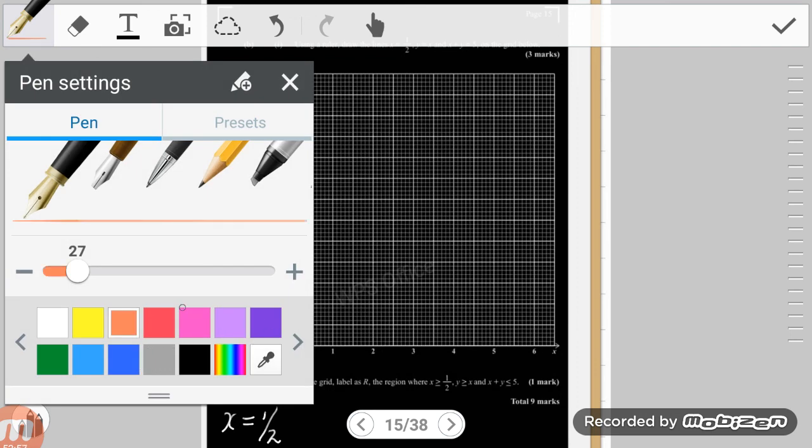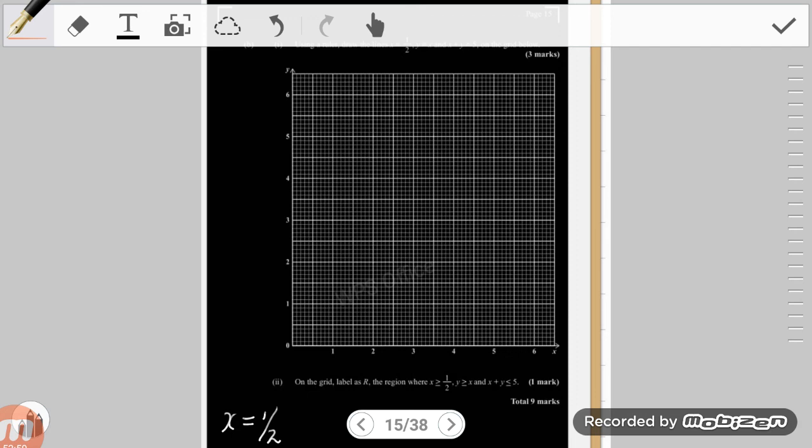Let's do orange. Let's label it x equal a half. Let's just remove it from inside, we're going to need to read that later on. So x is equal to a half.